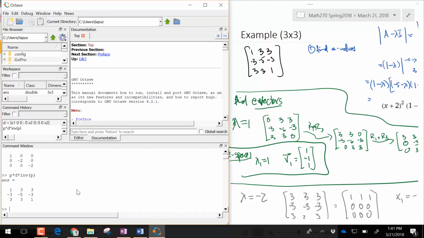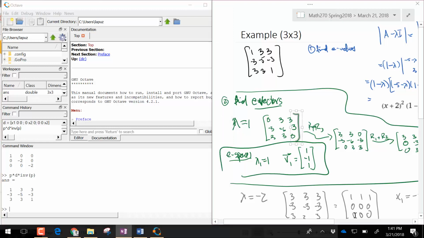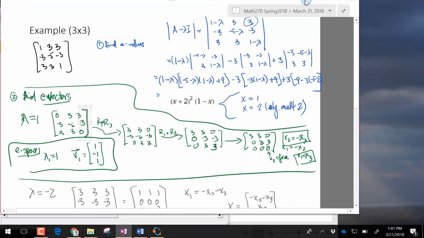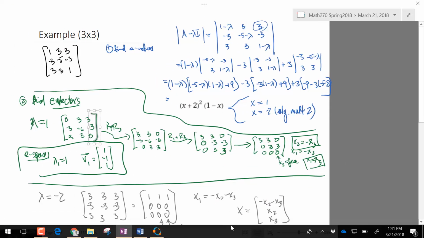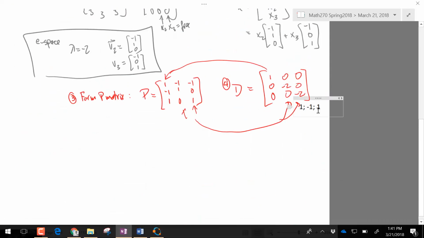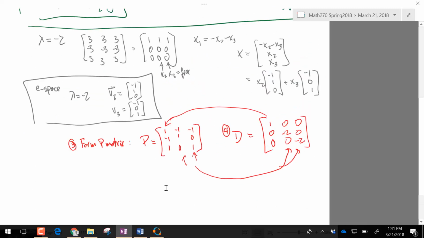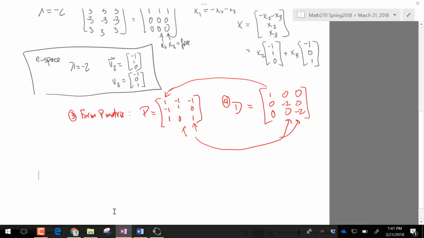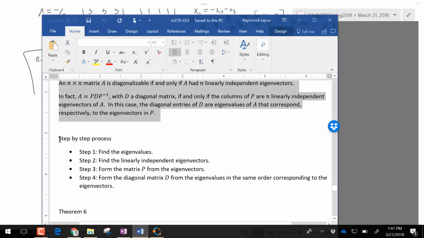Okay, so it did work. We found it, and so good. So we have the process. We have a couple of simple examples.